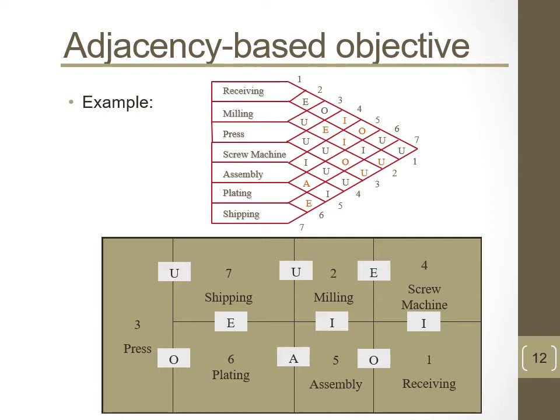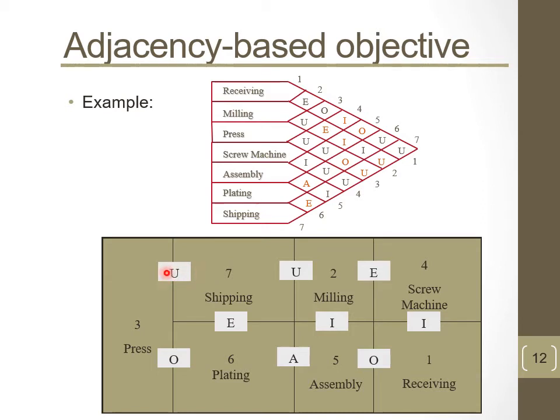The first step is to identify which departments are adjacent to which other, and then we will write their relationship values for adjacent departments. So let's look at this shape. Department 3 is adjacent with department 7 because they share a common side, a common edge. And what is the relationship between department 3 and 7? This is department 3 and this is department 7, and their intersection is U. So we write a U here.